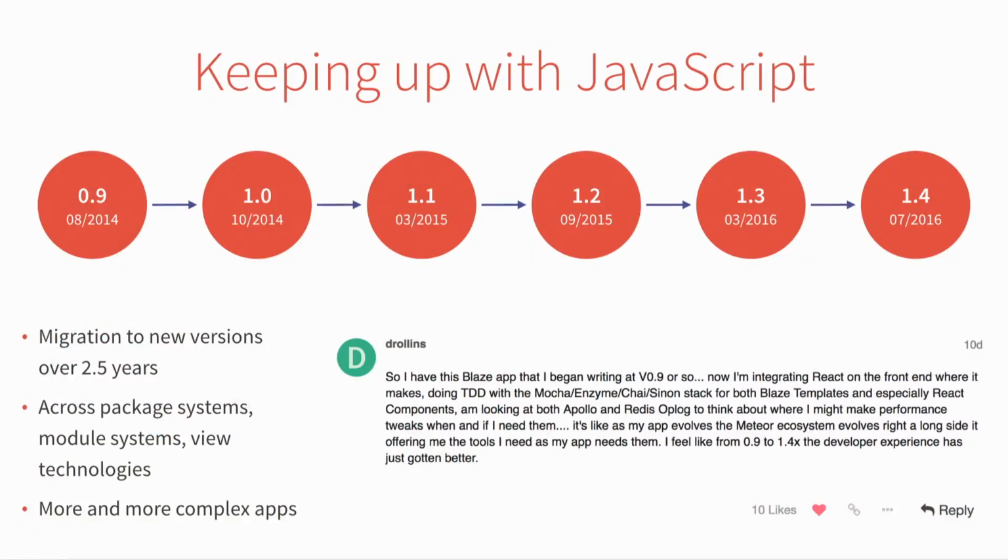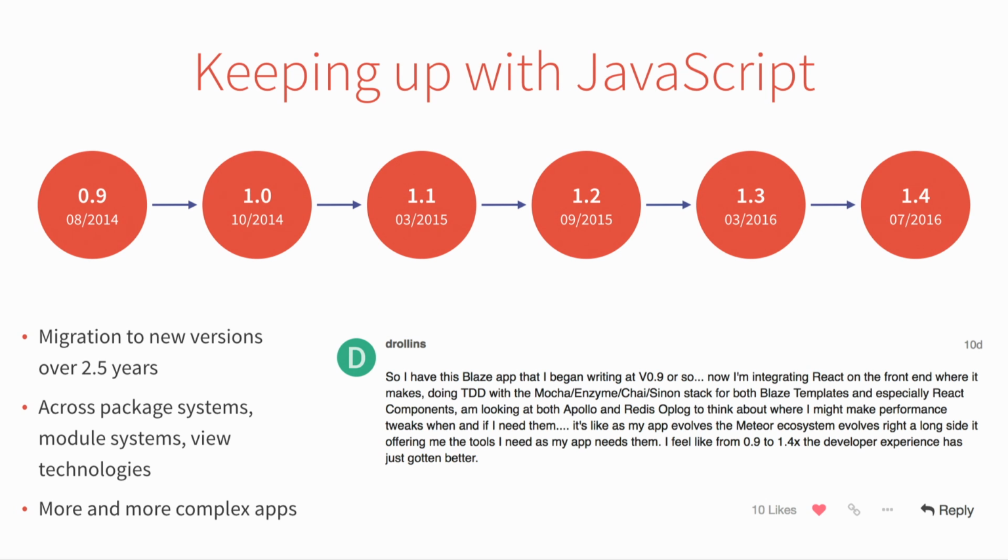The other thing that's been interesting has been keeping up with the pace of JavaScript development over the last 2 years. And it's surprising that it's just been 2 years since version 0.9. I picked 0.9 because of this great forum post I saw recently. It's this developer who's been using Meteor since that version and has gone through all these different transitions that everyone in the JavaScript community has gone through. Different methods of testing, different module systems, different view technologies, even different package systems, right?